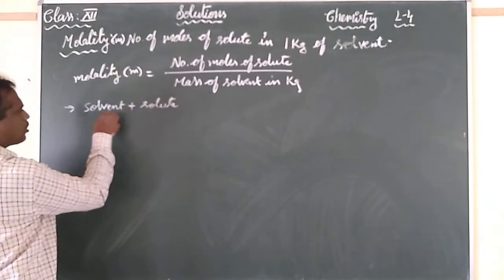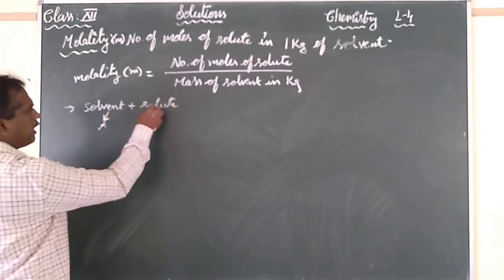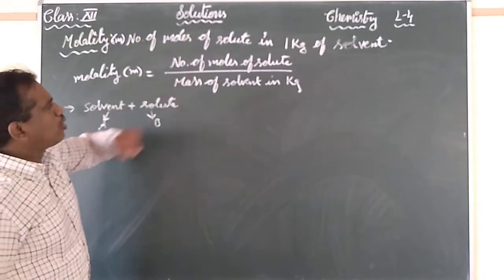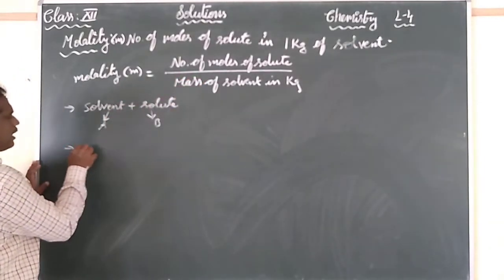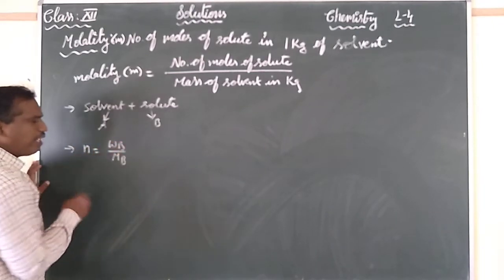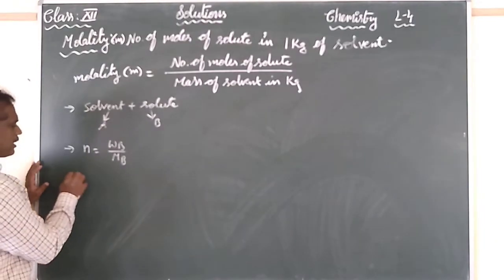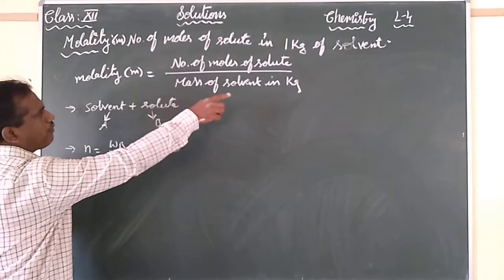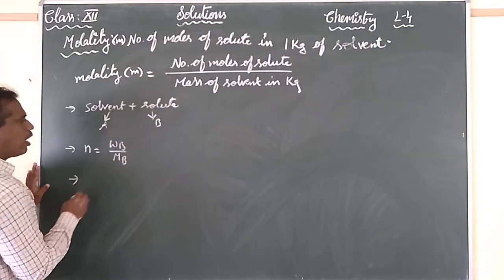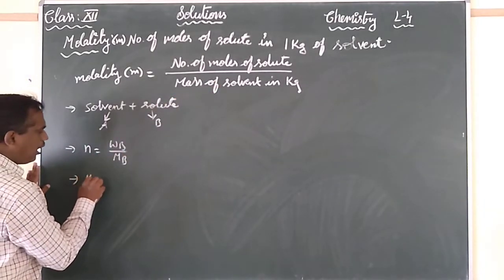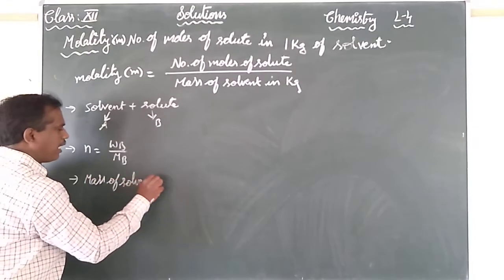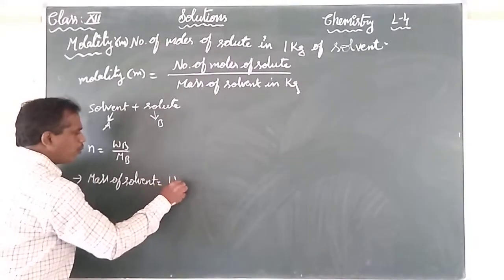How do we represent them? The solvent is represented as A, the solute is represented as B. So number of moles of solute, how to say? n is equal to WB by MB. We have already discussed this one. Next, mass of the solvent in kilograms. Here, mass of the solvent is represented with the symbol WA.